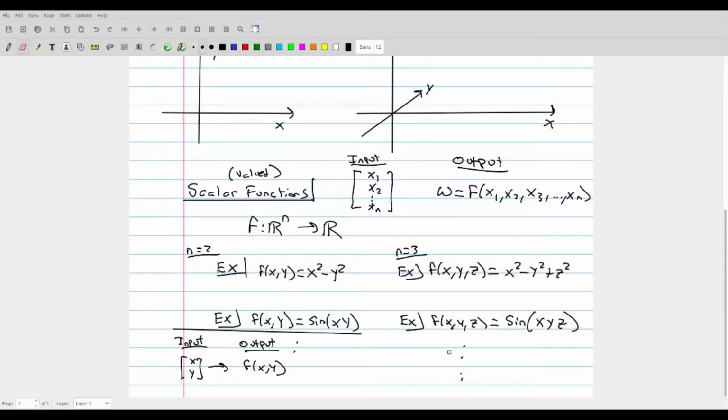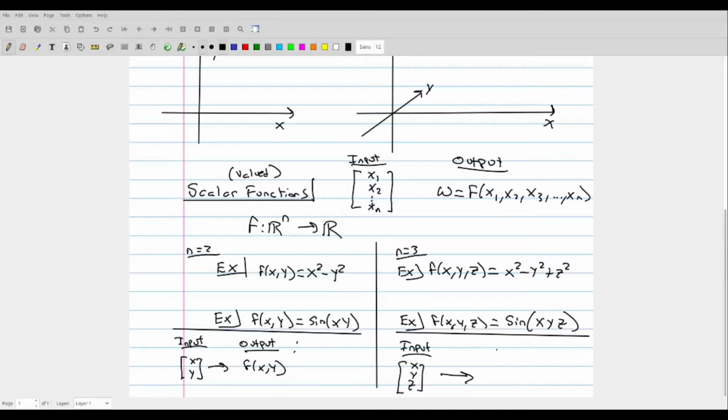And it's really the same case for a function of three variables, or really any other number of variables. In this case, for a function of three variables, the input is now three values, x, y, and z. And this maps to whatever the function value is at every given point.